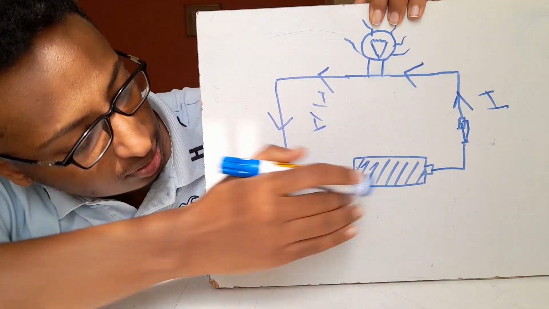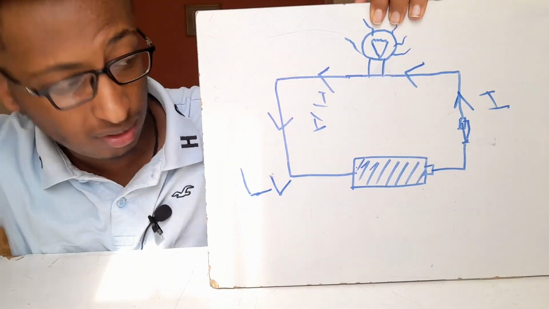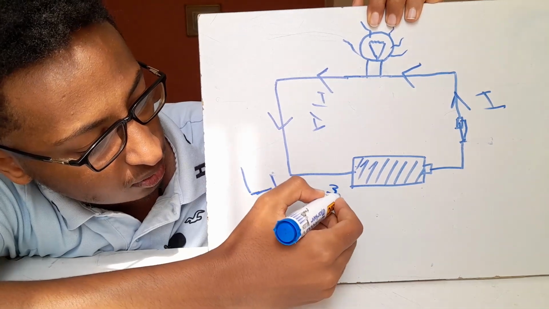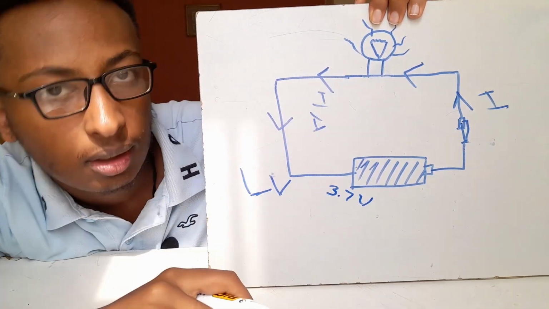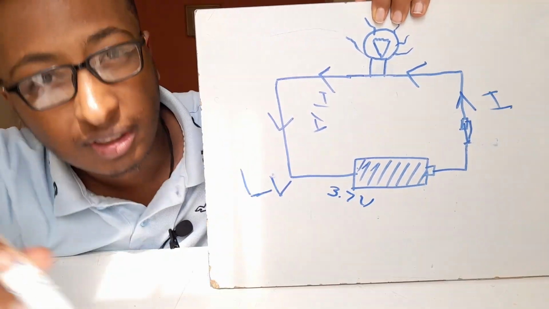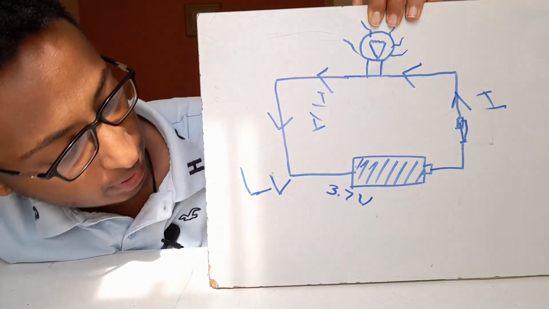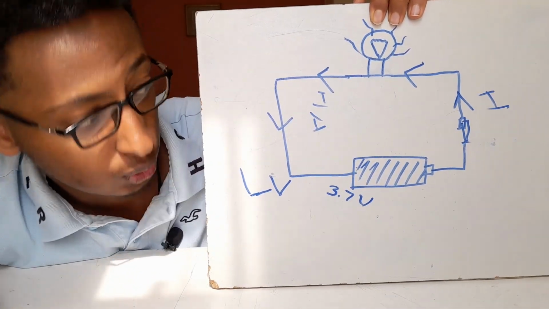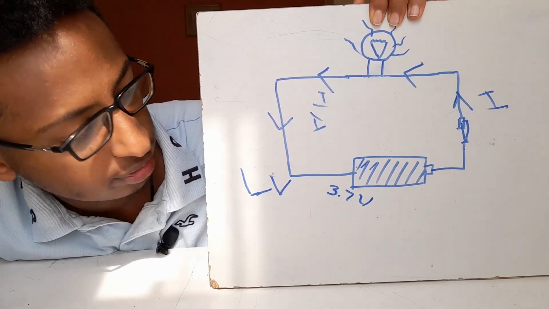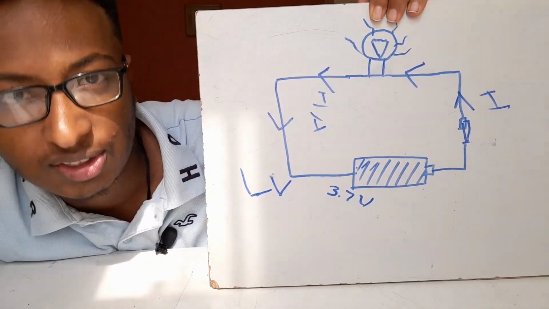Let's say the battery is about 3.7 volts. But if we apply a high voltage instead of this small battery, using a transformer of high voltage, then we're going to see something different.